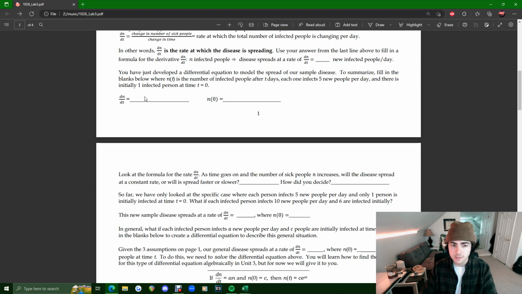But if it's 5 times N, then at one point it might be 5, at one point 10, at one point 25. So the rate of change is changing, and it is not constant. It'll begin to spread faster as the number of sick people N increases. We decided that because the rate is 5N, so it's just going to go up as N goes up.